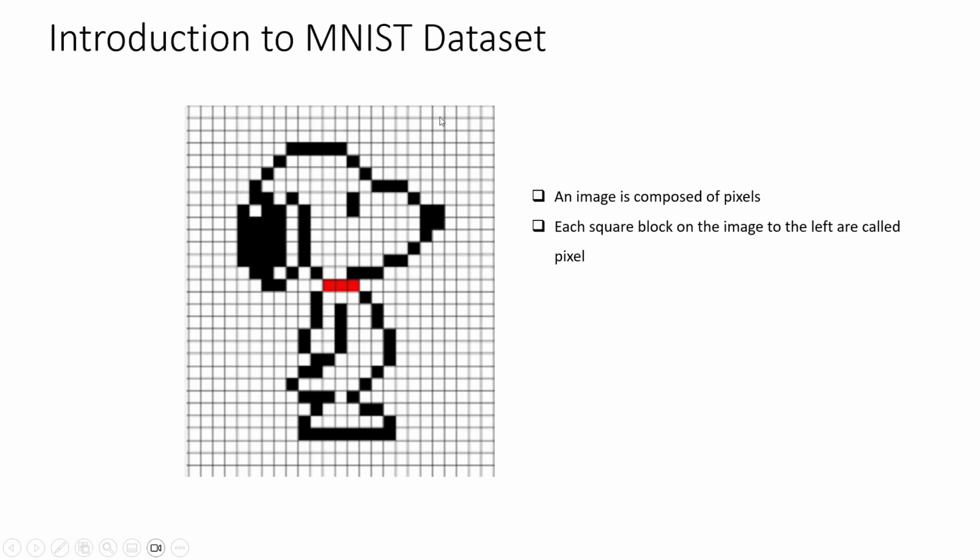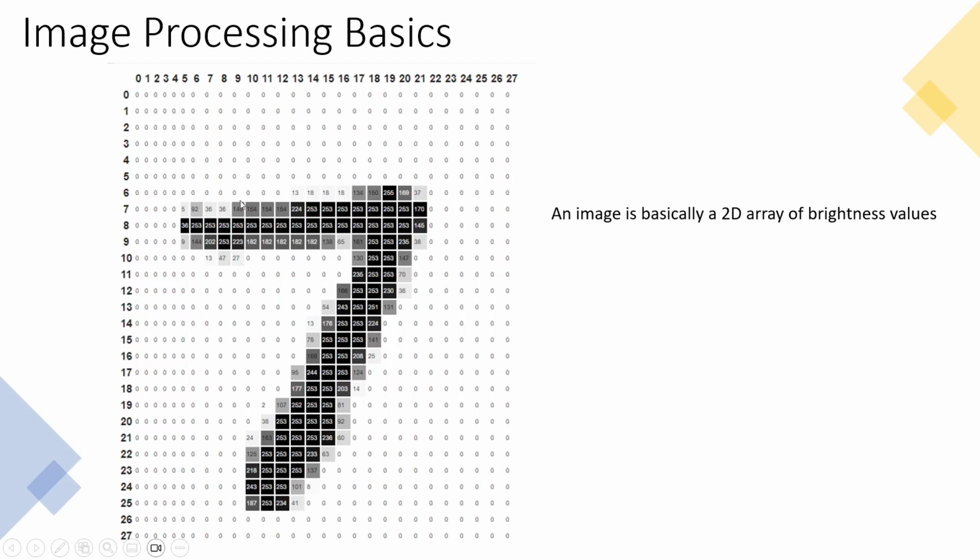An image is basically a matrix. What do I mean by that? For example, if you remember this slide from our MNIST database, our MNIST images were 28 pixels by 28 pixels. I mean, we have 28 pixels for the columns and we have 28 rows.